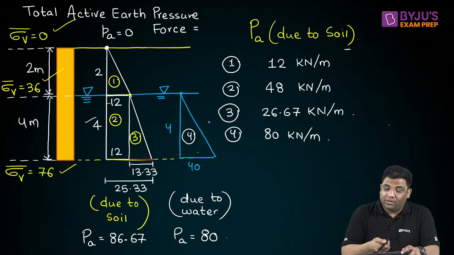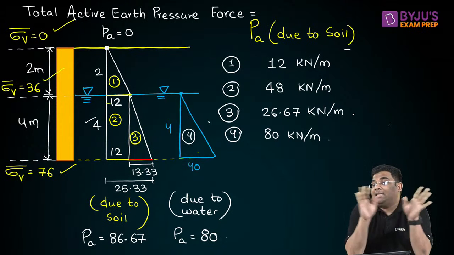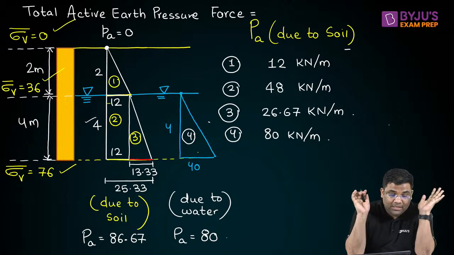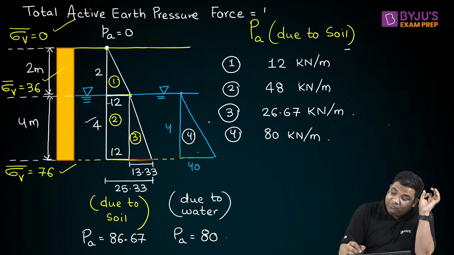Tell me. Just add all these things. You will get 80 plus 86.67, that is 166.67.